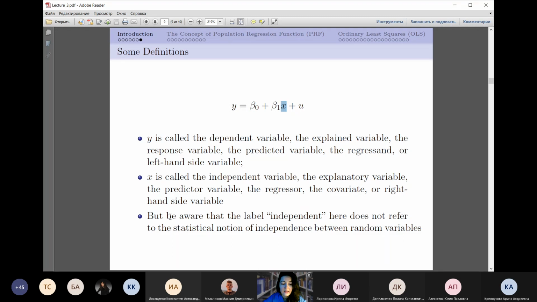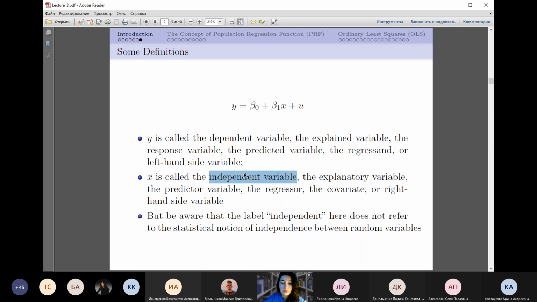And also you should remember that independent in this definition concerning our X doesn't mean something about the statistical notion of independence between random variables. It's just a definition.